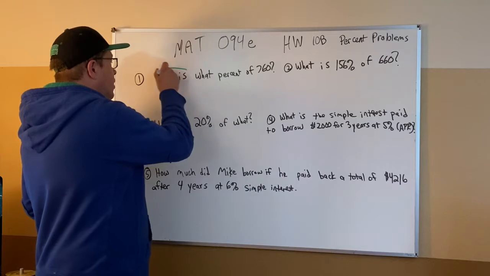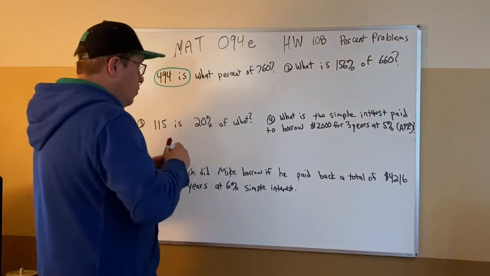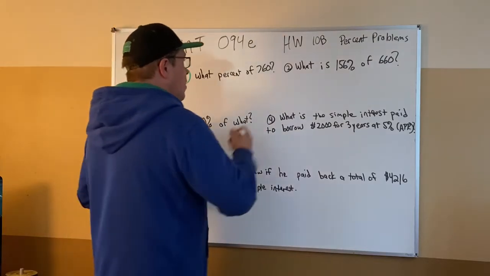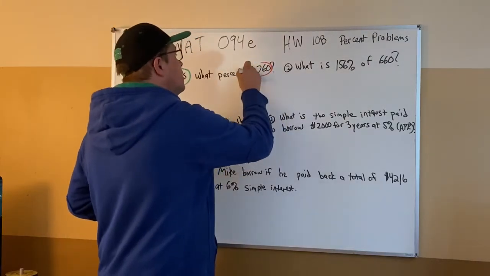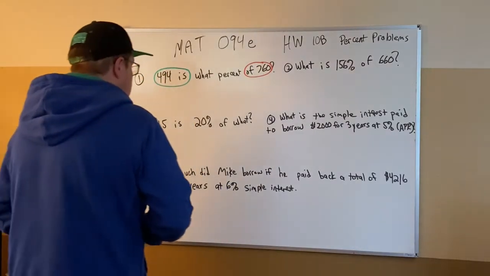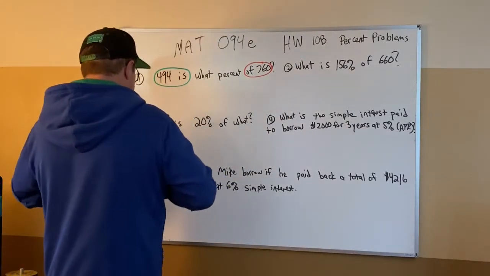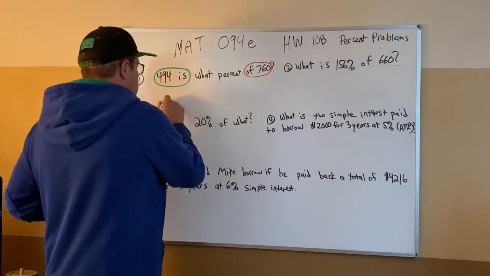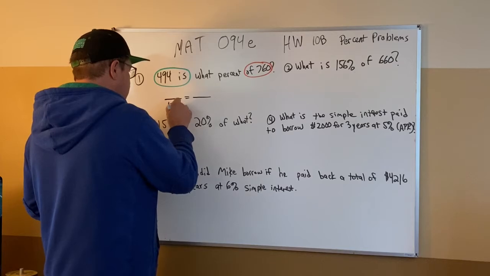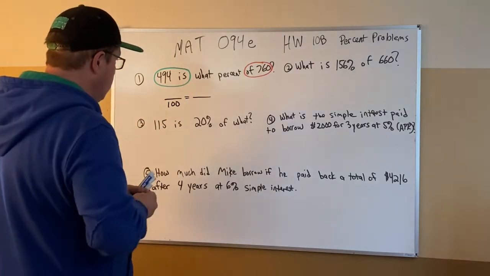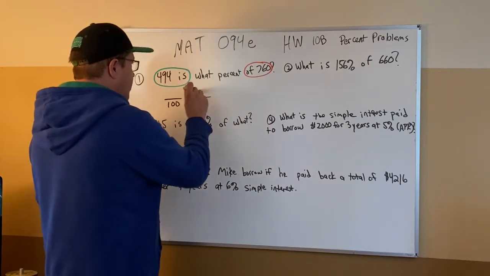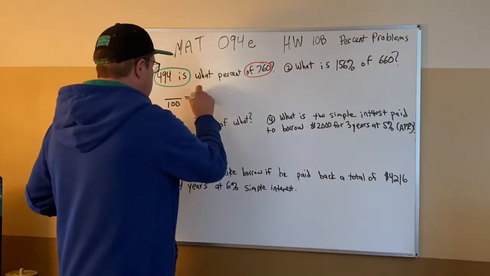We've got 494 is what percent of 760? At the end, I see 760, and I work my way back from the 760 to of. That helps me understand where each of these values is going to go, because I've got my percent over 100 equals is over of. 100's locked in. 494 goes with is: percent over 100 equals is, that's for my 494.